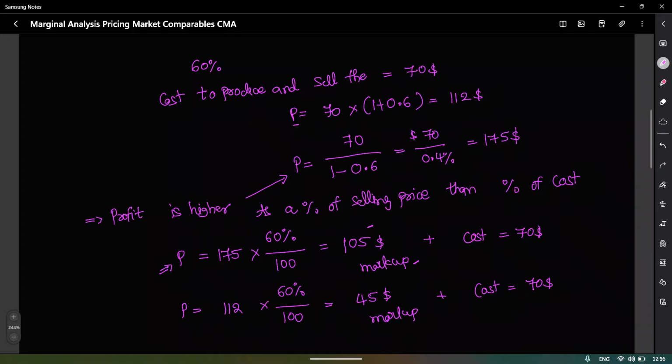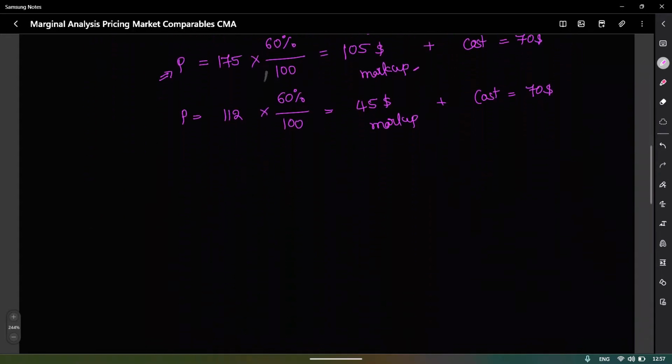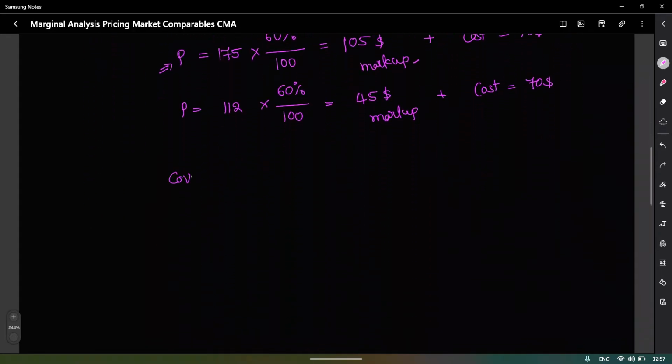You need to concentrate on the value reflection, external factors, and also cost. The first idea is you need to cover all your cost, because you are doing business to cover your cost and earn the profit.